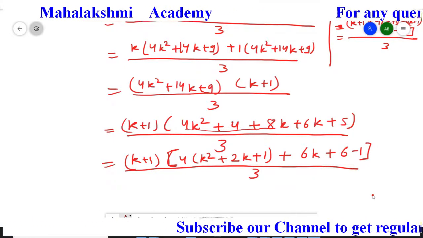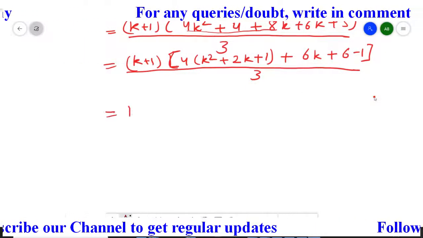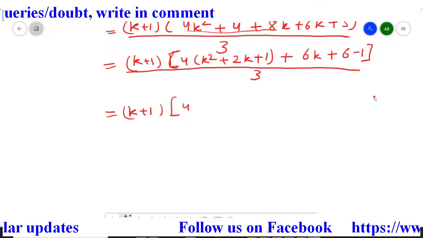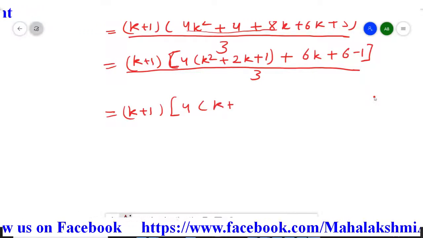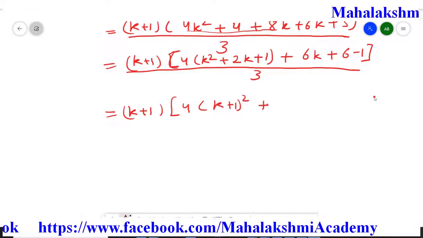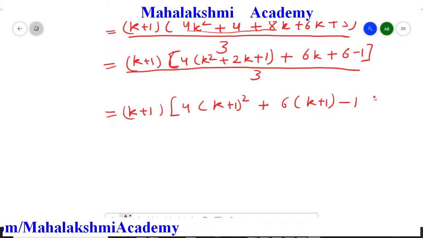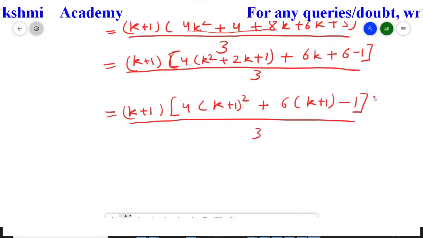Now further it's going to be like this: k plus 1 as it is and this 4 as it is. Now this is in the form of k plus 1 whole square. From here just take 6 common, so you will get here k plus 1 minus 1 and divided by 3. So that is only your right hand side.